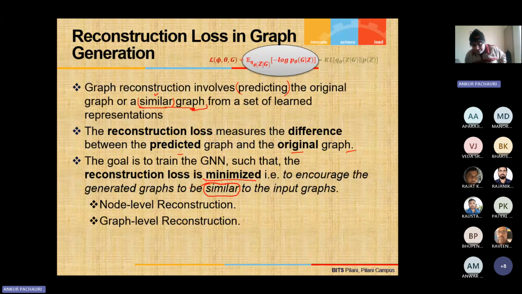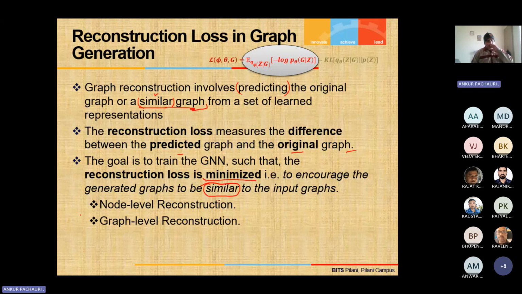Explaining in English, it's easy: generate a graph that looks similar to the original. But how to ensure and measure that similarity is not direct. It requires at least big O of n square; you have to go through each and every node or part of a graph.